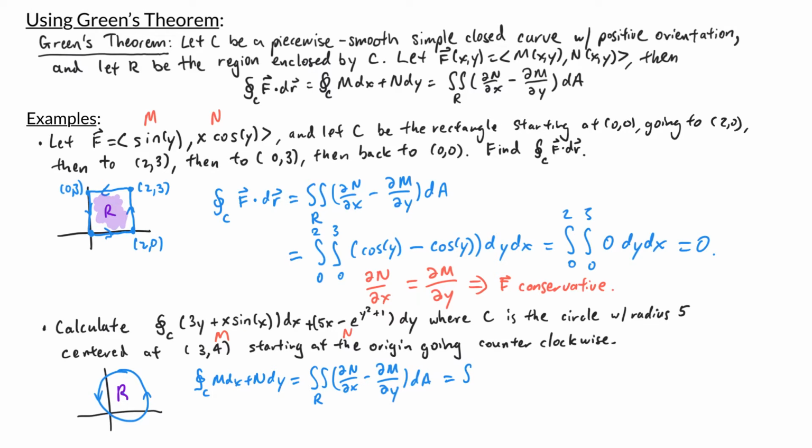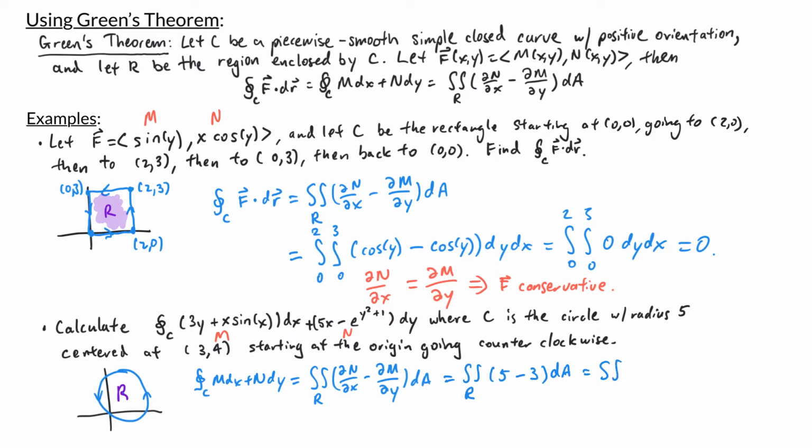So here we have the double integral over the region R of the partial derivative of n with respect to x. Since n is 5x minus e to the y squared plus 1, this partial derivative is just 5. Then I have minus the partial derivative of m with respect to y. M is 3y plus x sine x, so the partial derivative is just 3, dA.